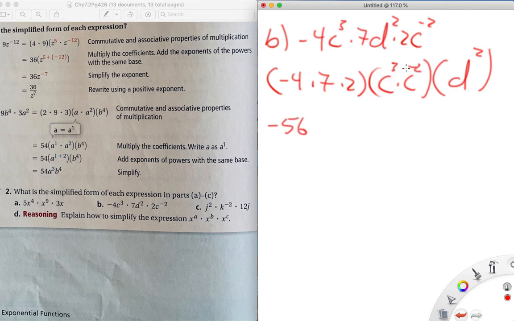I'm adding the 3 and the negative 2, so that's c to the first power, which is just c, and then d squared. First step, separate all the similar or like bases and numbers, multiply the numbers across, then add the exponents of the same bases, and then combine them all together.